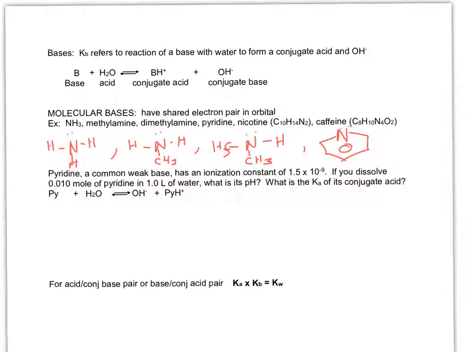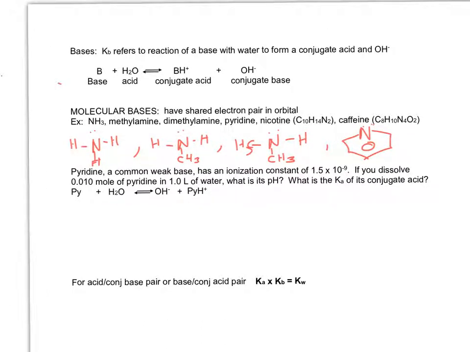Let's first write the dissociation equation. Actually, they wrote it for us there, so no need to do that. Since it's an equilibrium, I'm going to start with an ICE chart. Initially I have 0.01 moles in a liter, so this is 0.01 molar. I don't care about the water, it's a liquid. 0 and 0.